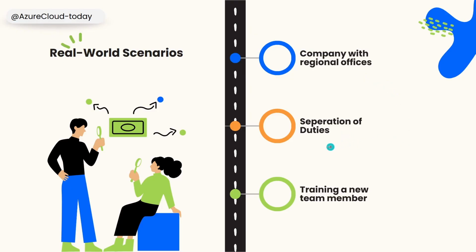The second scenario is separation of duties. Let's imagine we have a large enterprise that wants the security team to manage endpoint protection baselines and Defender policies, but they do not want the security team changing app deployment or Wi-Fi profiles or configuration profiles.